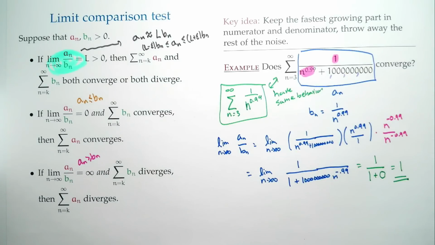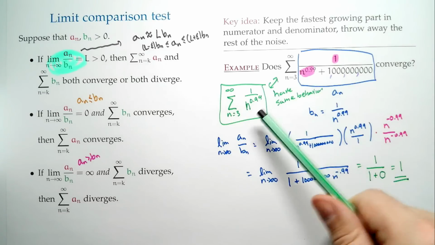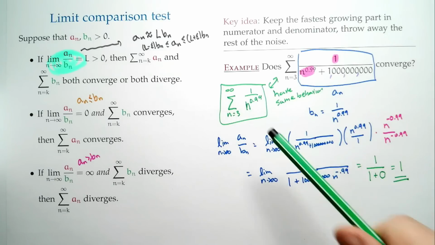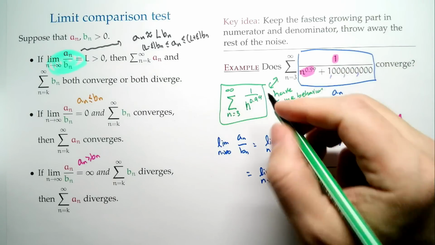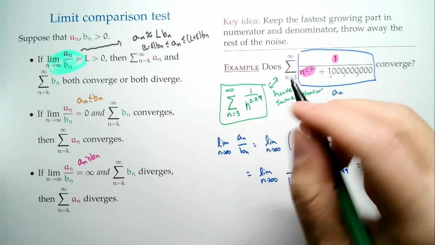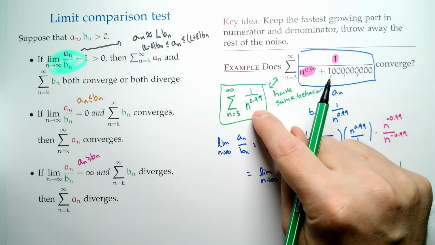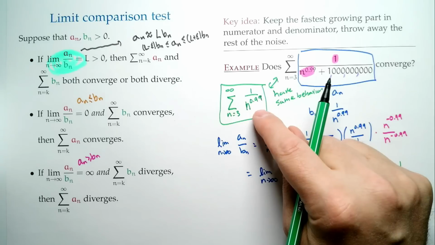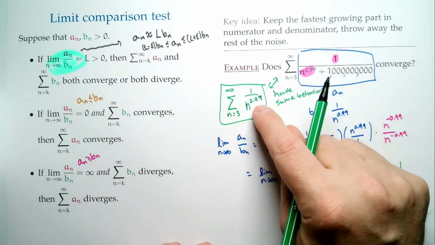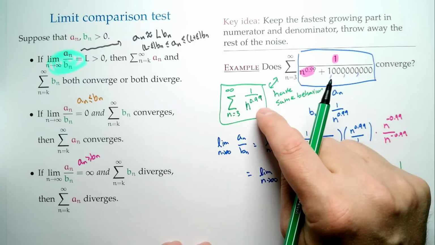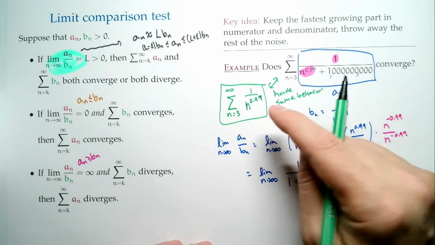So, the last question for us to ask is, well, which behavior does this sum have? And you'll notice this is an easier sum to work with because we've gotten rid of that distracting a billion. We're not tempted by a billion anymore. Well, what kind of sum is this? It's a p-series. Is it a p-series that converges or diverges? Well, 0.99 is not bigger than 1.